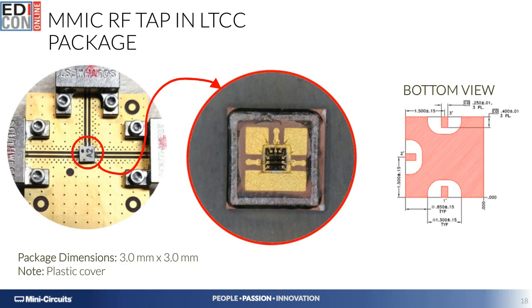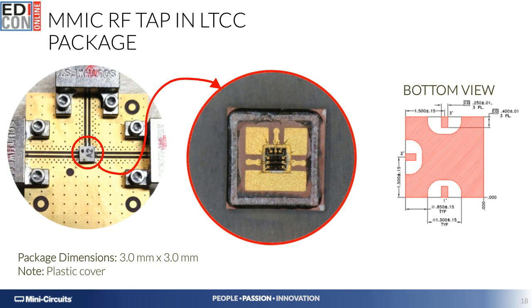As I mentioned before, we have not limited our packaging efforts to attenuators nor to switches, but we've moved forward with development of packages as well for samplers, for instance.